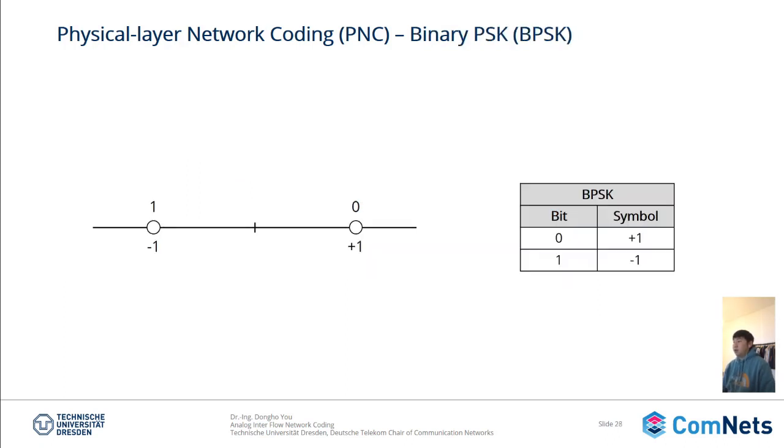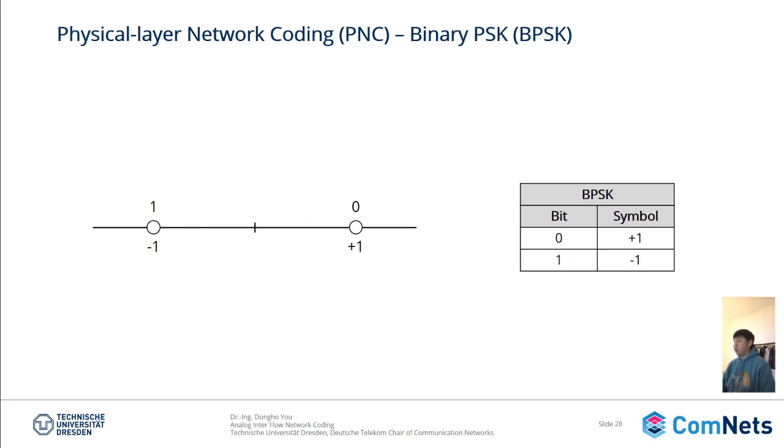Let's see the example of binary PSK first. It's called BPSK. There are 2 symbol cases here, -1 and +1. If we transmit binary 0, it is mapped into +1. Similarly, if we transmit binary 1, it is mapped into -1.